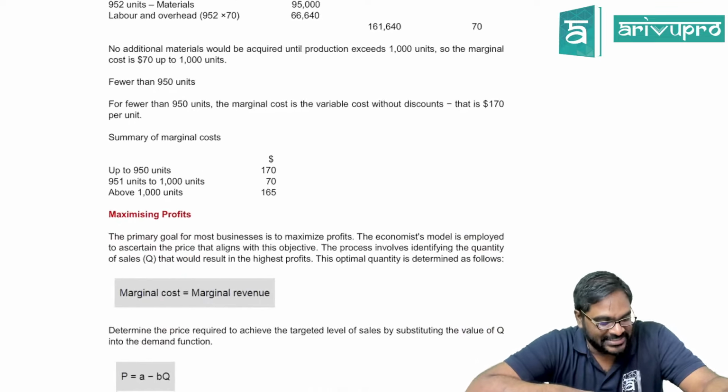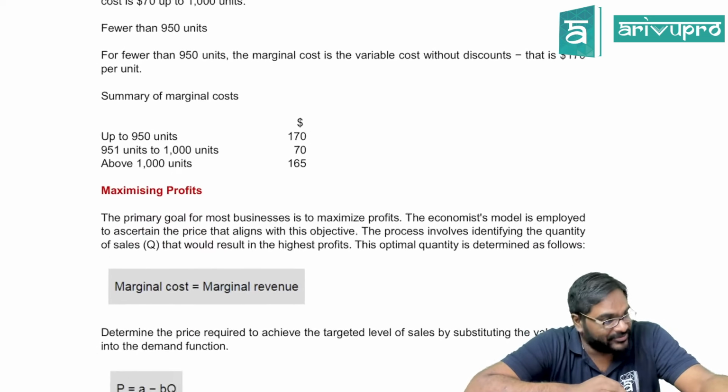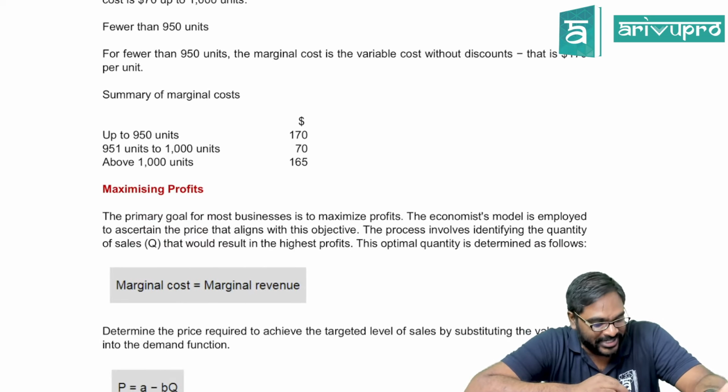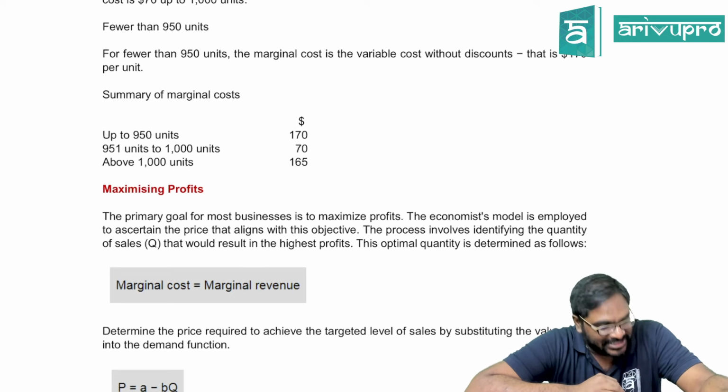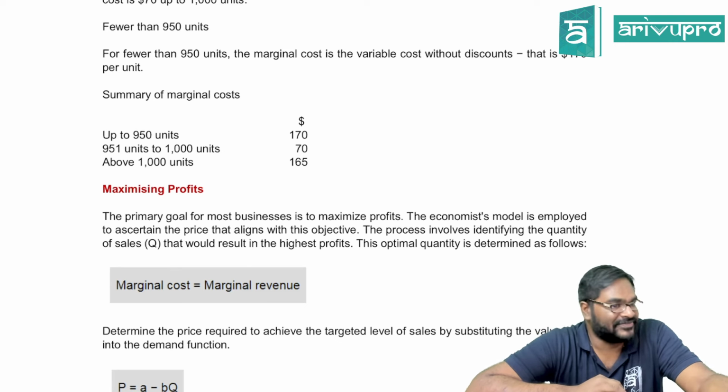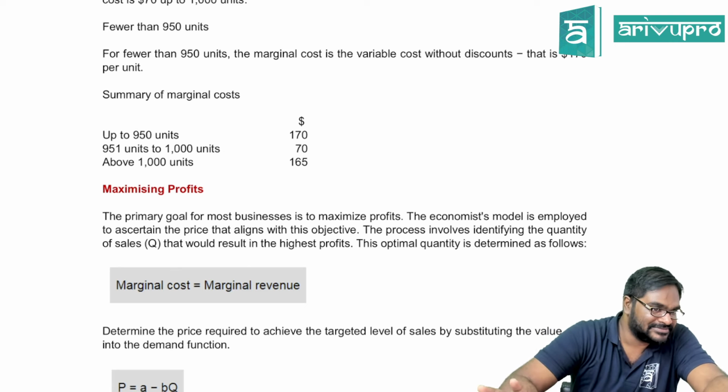So if I just summarize the calculation, this is how it would look, right? Up to 950, 170; 951 to 1000, 70; above 1000, 165. Are we clear?